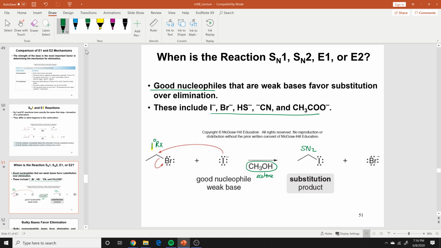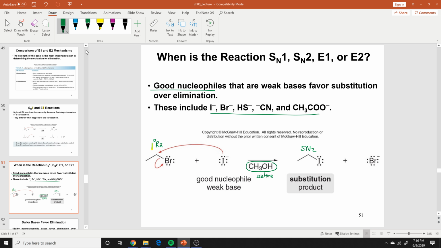So we prefer to have a polar aprotic solvent. Methanol is a polar protic solvent, and that polar protic solvent will slow down the SN2 reaction. It's not going to stop it, but it's going to slow it down.